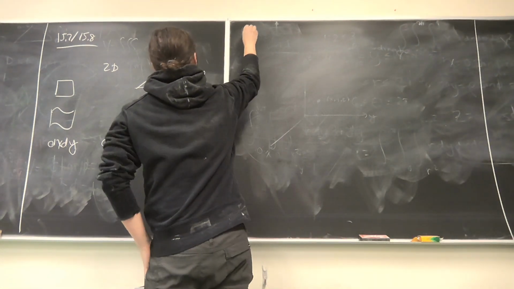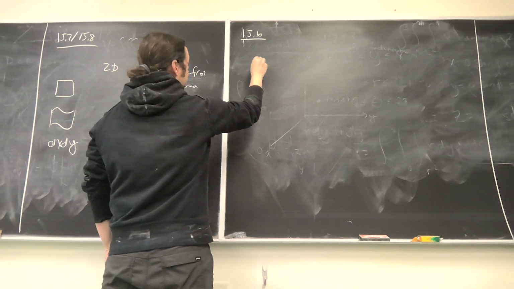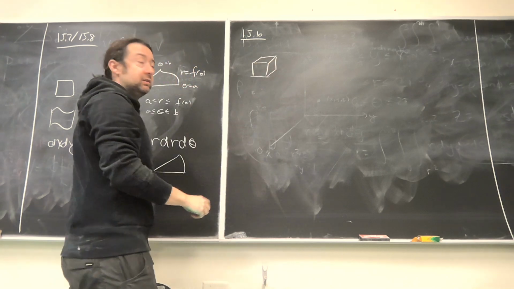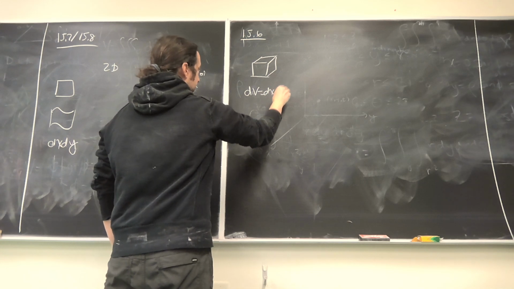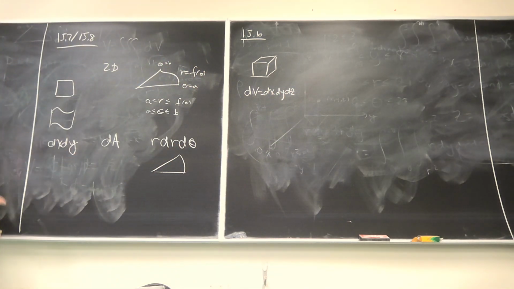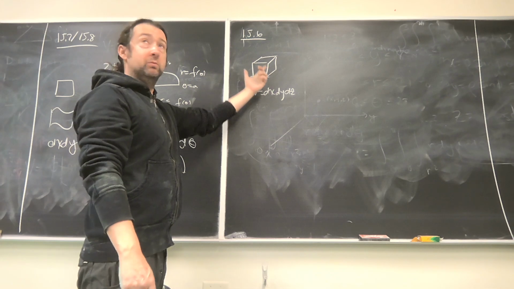In 15.6, we studied integrals where the natural way to break up the region was into little cube things, where my dV unit was dx, dy, dz in some order. So we did triple integrals where I broke up my little volumes into these little cubes.